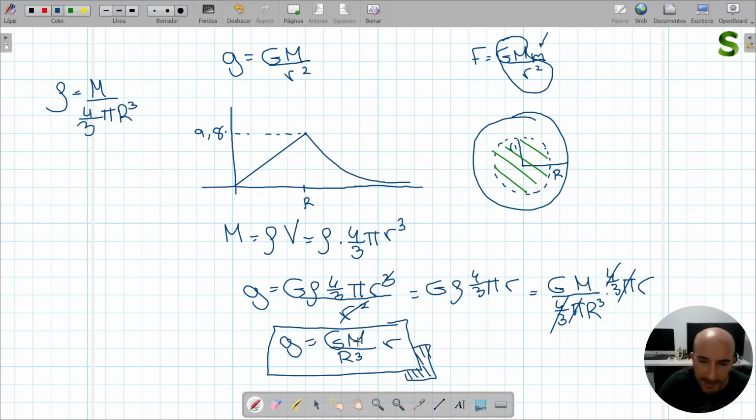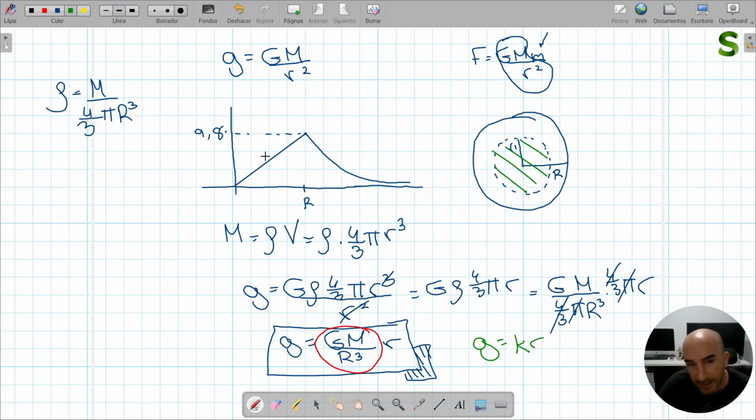So as you see, this part over here is a fixed number, so we can consider it a constant, and so g is that constant times r.